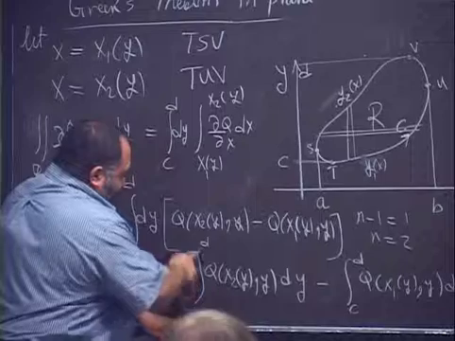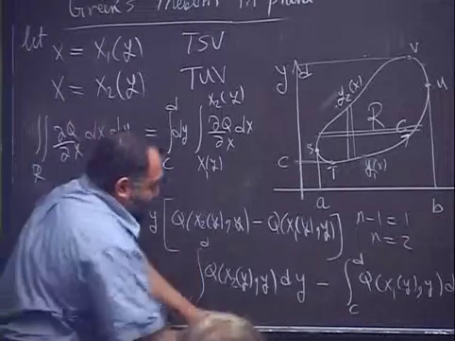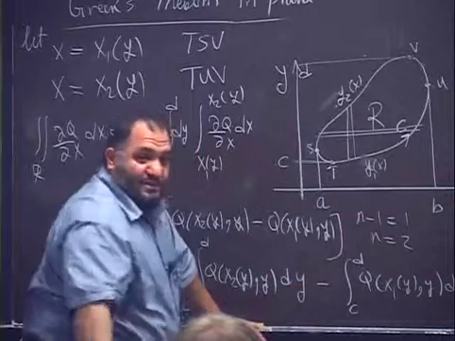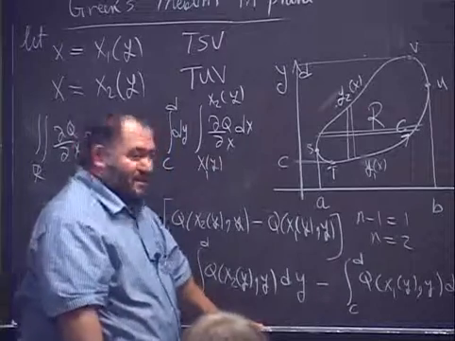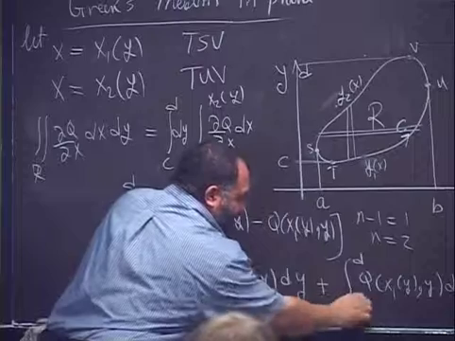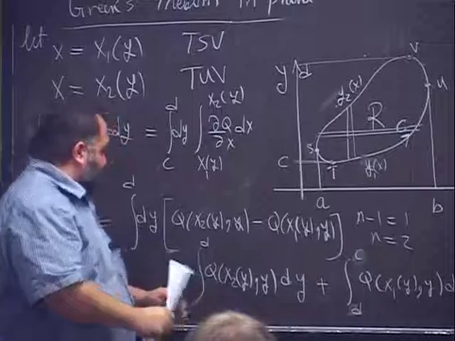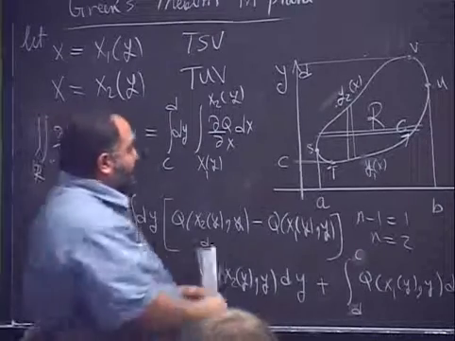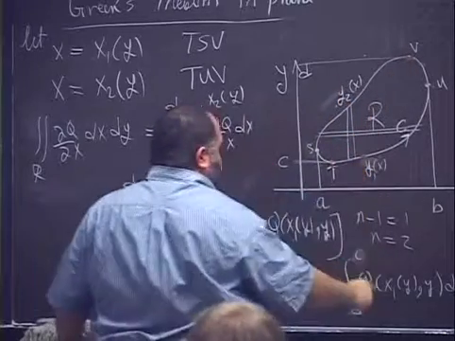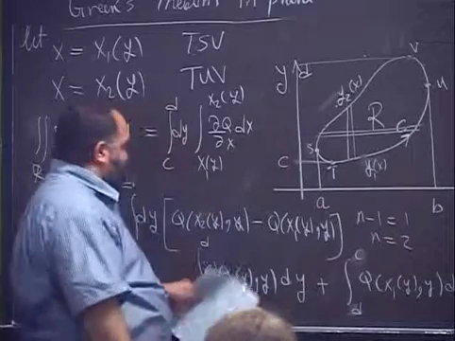So I will leave this one the same, and then I will flip the sign here. So I have to flip the order of the limits. Okay, guys? So if I change this to plus, this should go from where to where? D to C. So now you go from point D to C over x1, and then you go from C to D over x2.